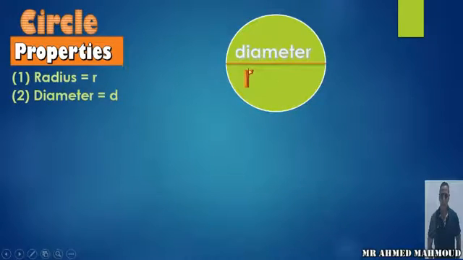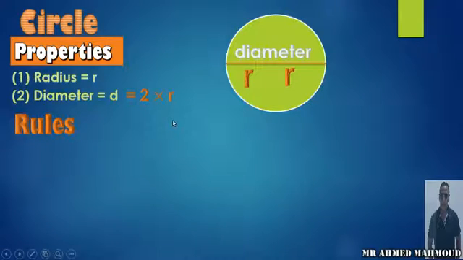And if we have two radii like this, or the line segment connected between 2 points on the circle and passing through the center, which is called the diameter. As we said before, the diameter is double the radius, or d equal 2 times r.